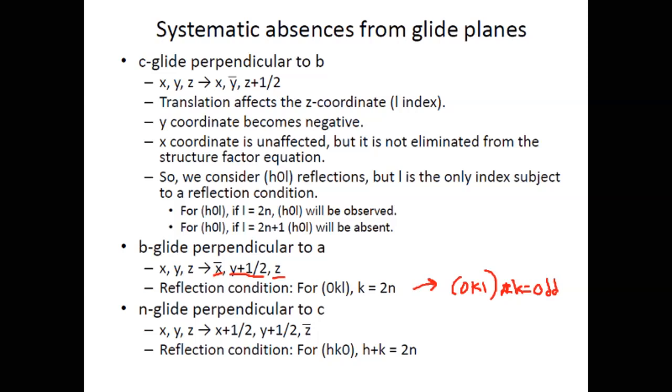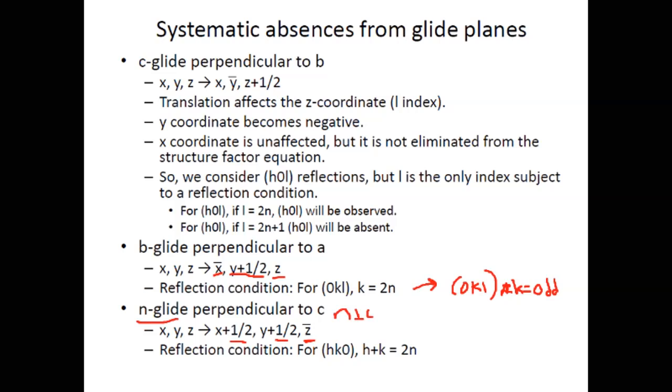Now for an N glide, if you remember, we have translation along two axes, and only one axis changes sign. So for that one, we'll be looking at an N glide perpendicular to C. We translate along A and B, so we'll be looking at the HK indices, and since C is negative, it'll be the HK0.